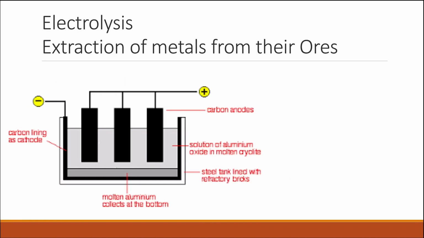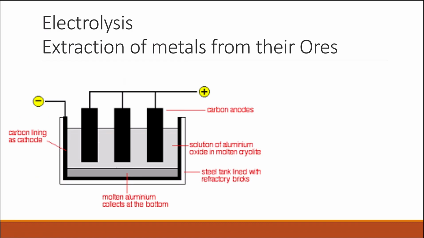An example of the electrolysis of molten salts is the electrolysis of metal ores. We know that metals above carbon in the reactivity series are more reactive than carbon, and they cannot be extracted by reaction with carbon. So these more reactive elements can be extracted from their ores using electrolysis.